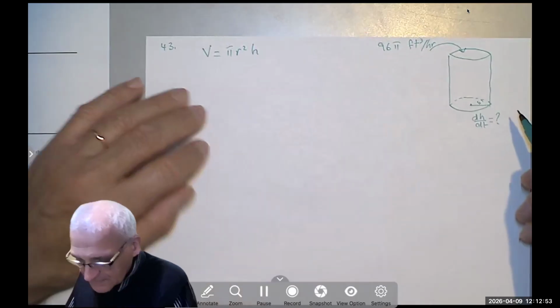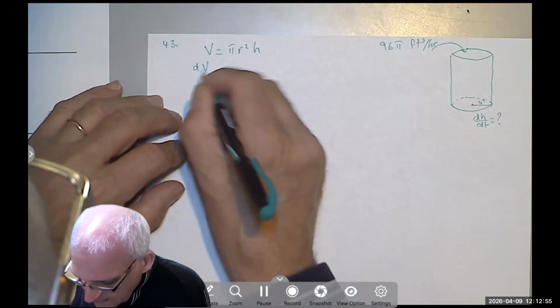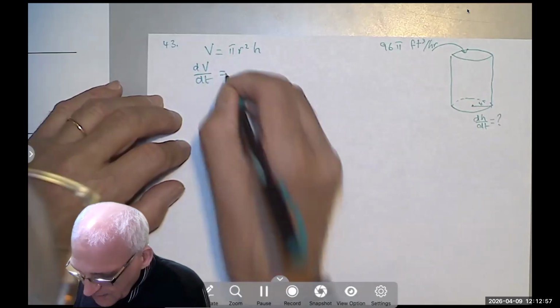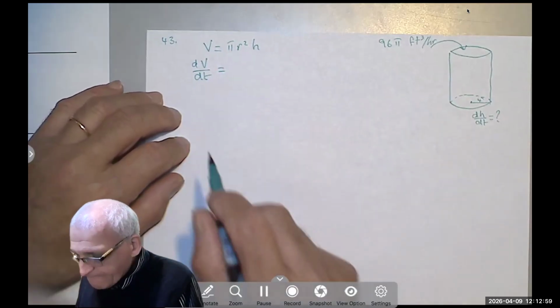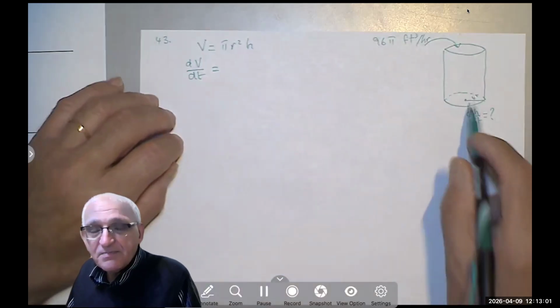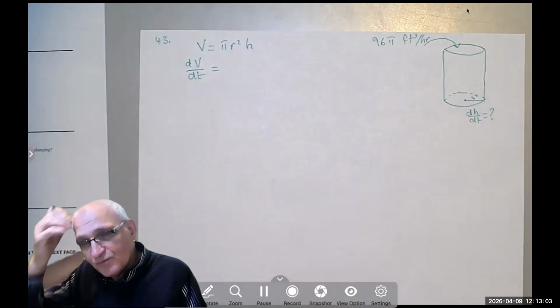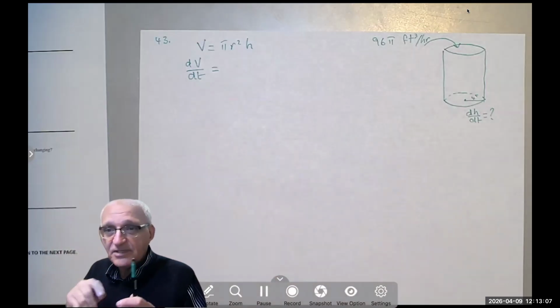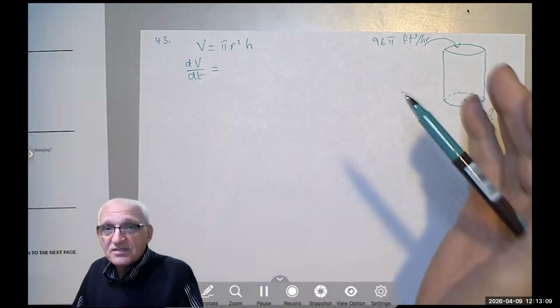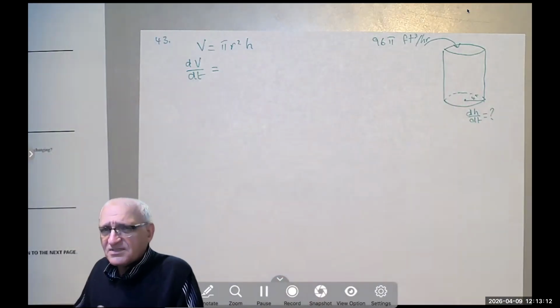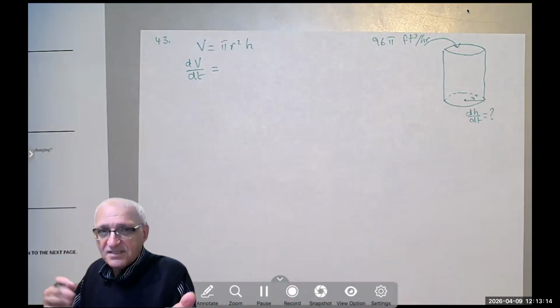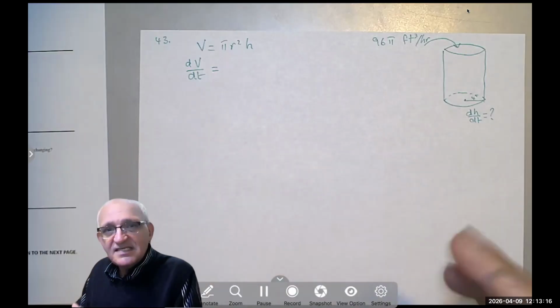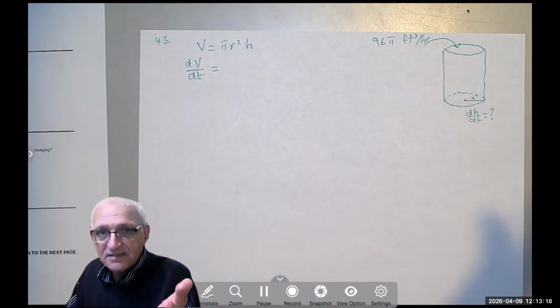So dV dt equals, the radius is constant. Remember in the previous problem when we had a cone and we said we have to relate the radius to the height, because I cannot have two variables and take the derivative with respect to one unless I know what is dr dh, for example. It's easier to transform everything in h.